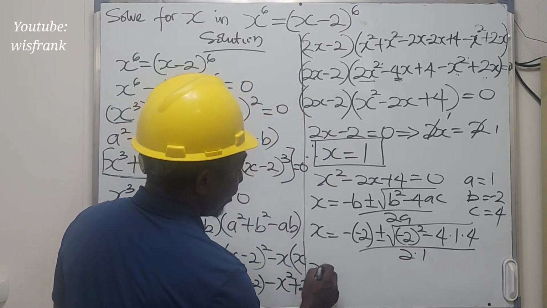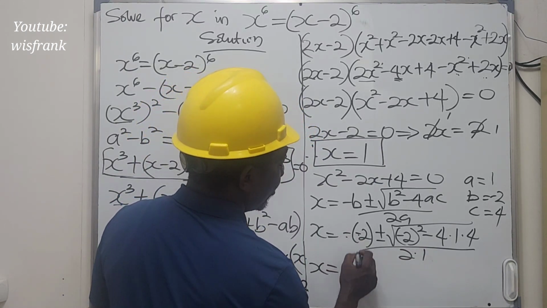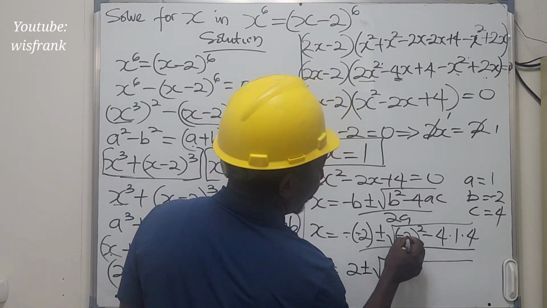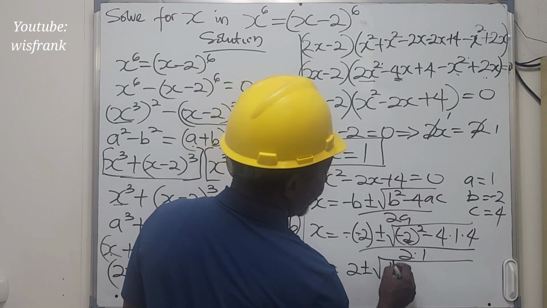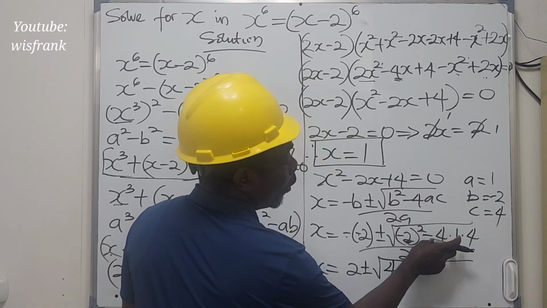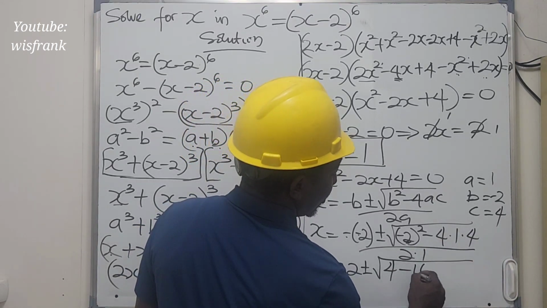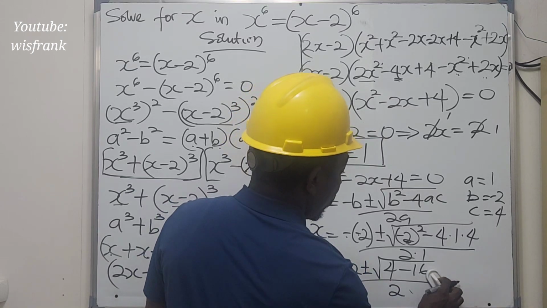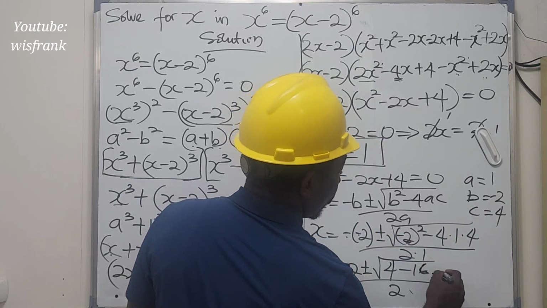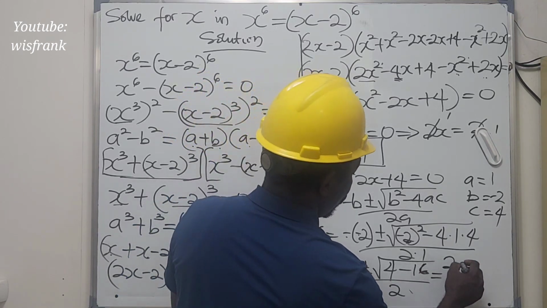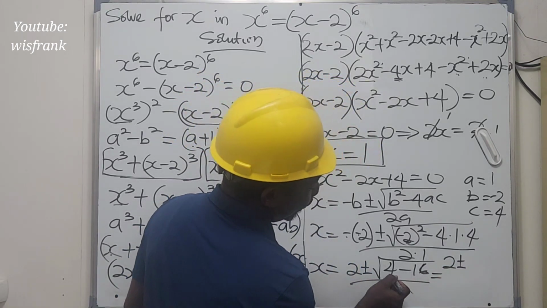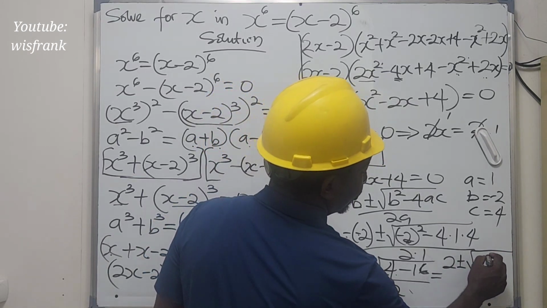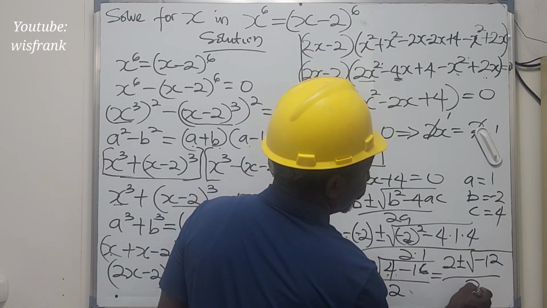So in this case, our value of x equals to minus times minus will give us 2 plus or minus square root of, we have minus 2 squared is 4, minus 4 times 4, we have 16. So this is all over 2. So in this case, x will be equals to 2 plus or minus square root of 4 minus 16, which is going to be minus 12, all over 2.